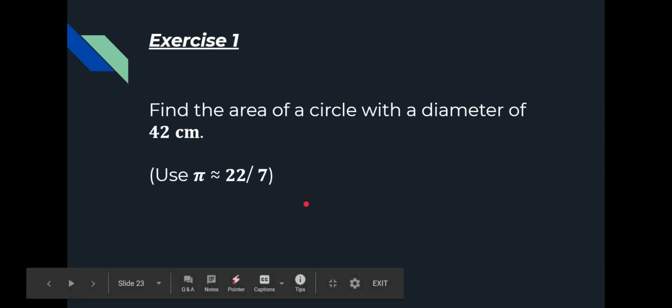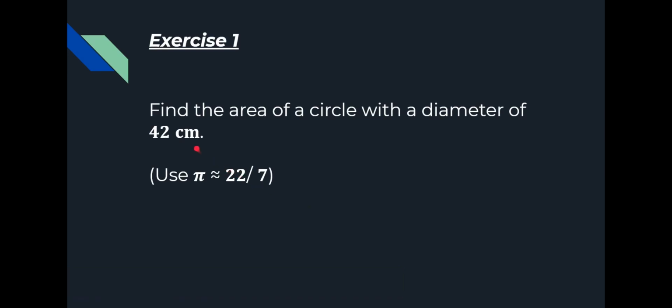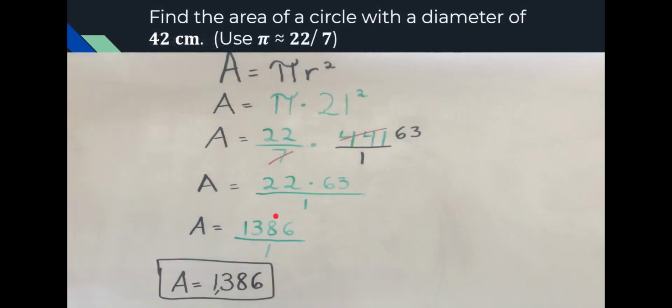What it gives us is the diameter, which is where our circle cuts in half, and it is 42 centimeters. Now, we're going to use pi as an approximation of 22 over 7. I will explain what this means shortly. Let's get into it.